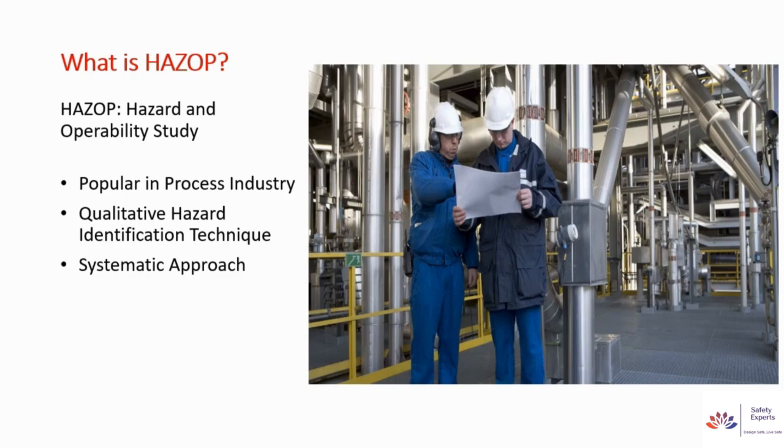It follows a systematic approach to identify the hazards associated with the process, and also uncovers operability issues, like approach not available for a valve, or it is at a particular height. So all these operability issues are also discussed in Hazop.